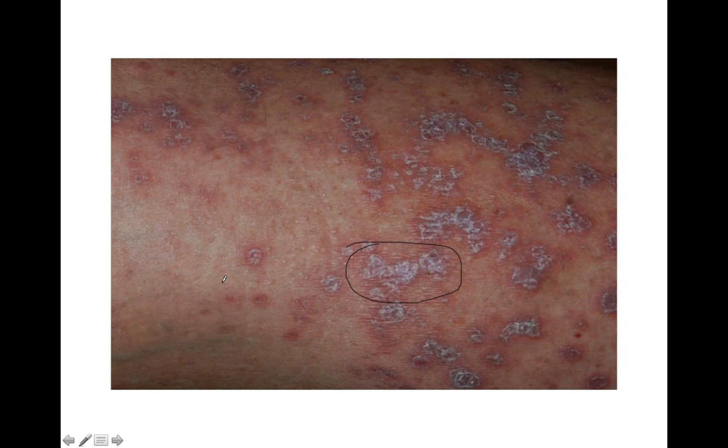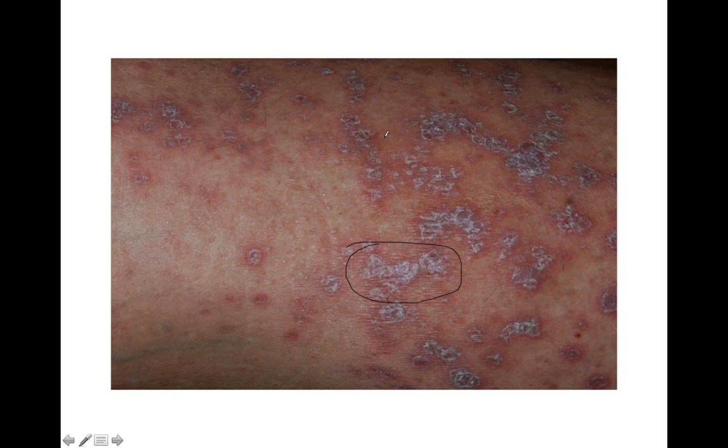Diagnosis will be biopsy. In case of psoriasis, the biopsy showed epidermal hyperplasia with neutrophilic infiltrate. Here the biopsy will show a hyperkeratotic epidermis. Whenever the word hyperkeratotic comes, these are Wickham striae, whitish.